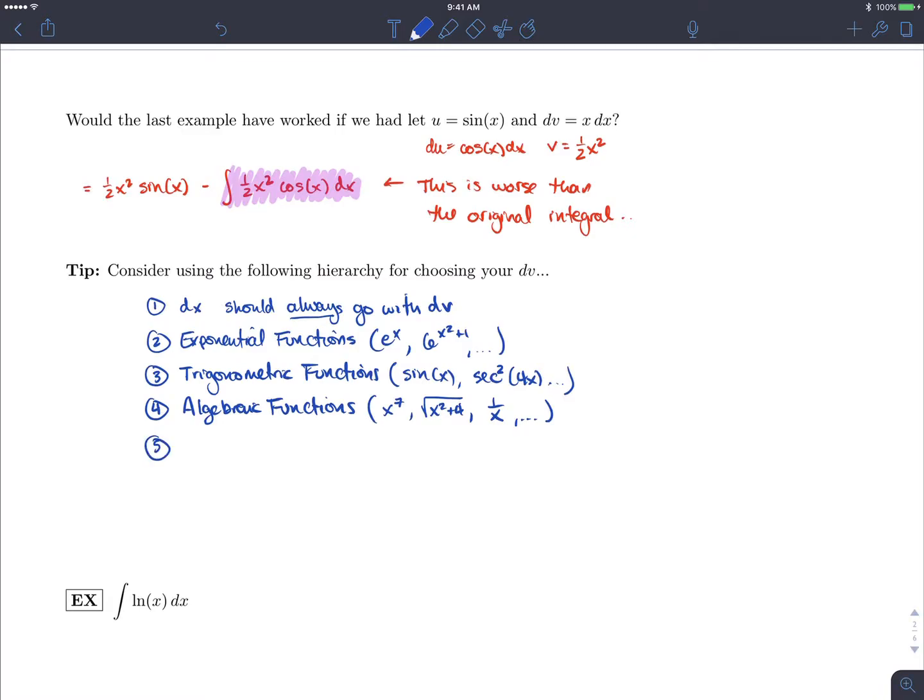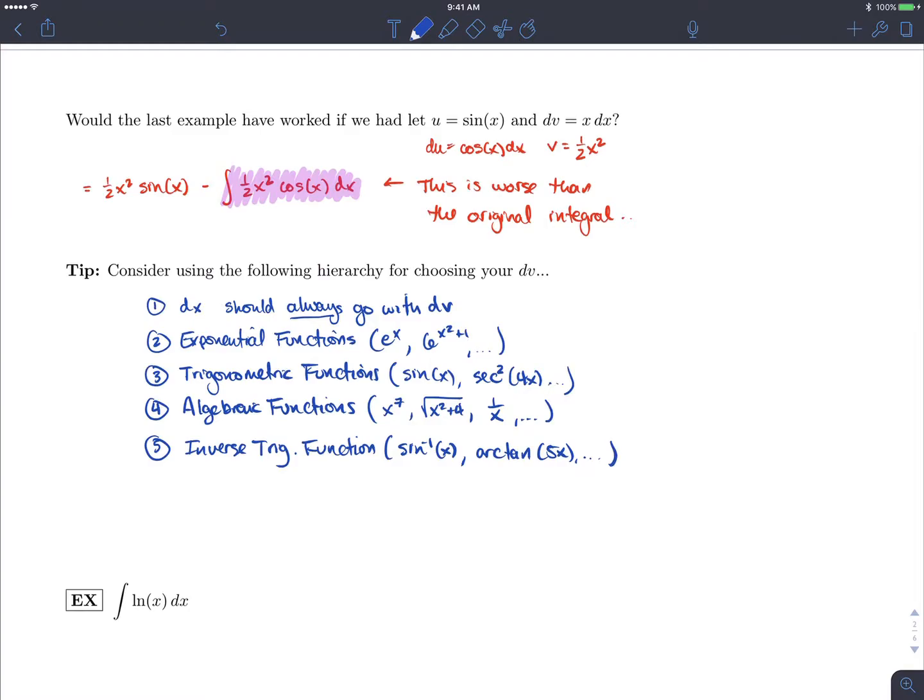All right, inverse trig functions. We're really getting to the bottom of the barrel here. So something like the inverse sine of x or the arctan of 5x. Again, the big problem here is that we don't know how to integrate these.